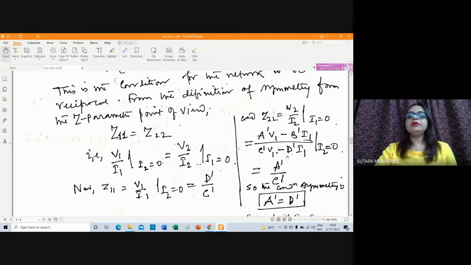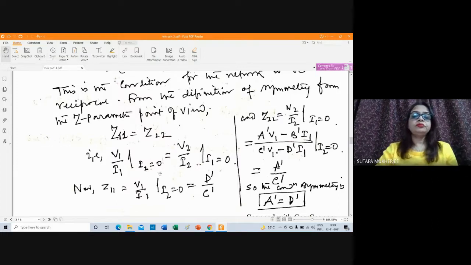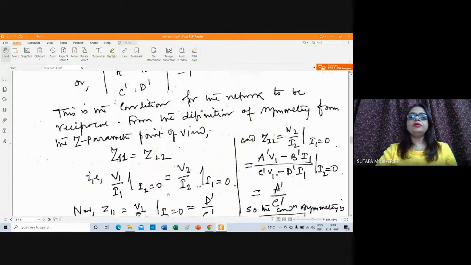How can you get it? Any clue? Z22. Z11 will be equal to Z22. So what was Z11? V1 by I1 with I2 equal to 0. Exactly. So Z11 is V1 by I1 with I2 = 0, and Z11 will be equal to Z22. So Z22 will be equal to Z11. Fine. So V1 by I1.